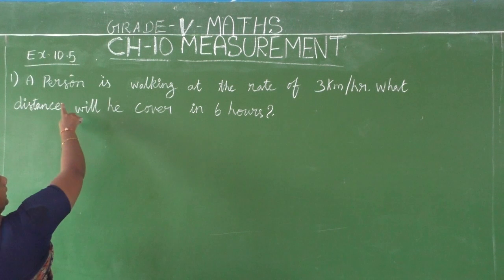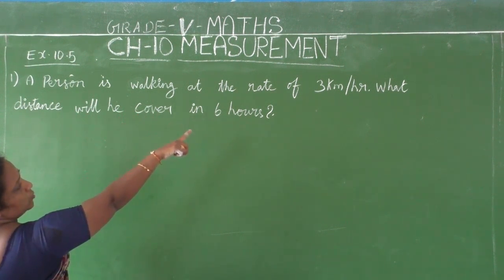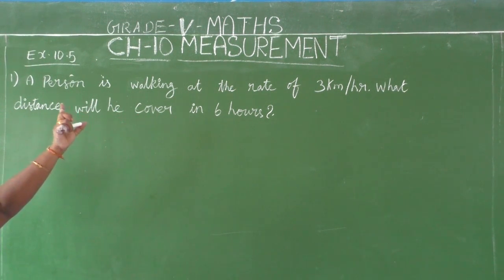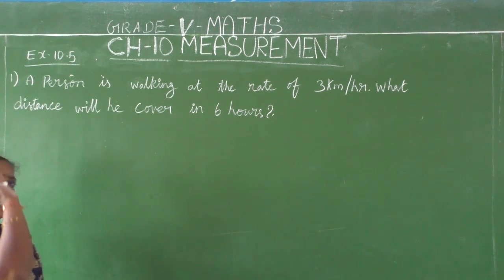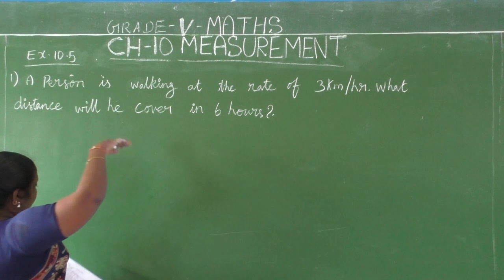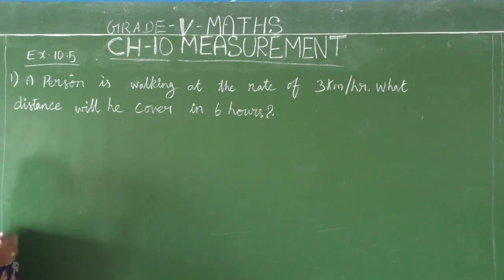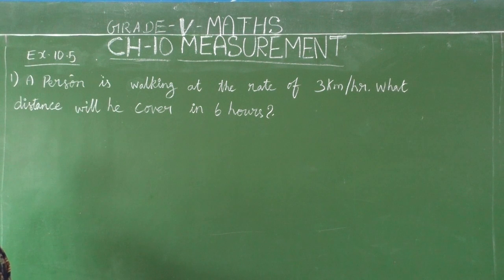So here they are telling the speed. 3 kilometer per hour is the speed. So how can we find the answer? What formula here do we have to use? Yes, the distance formula we are going to use here.